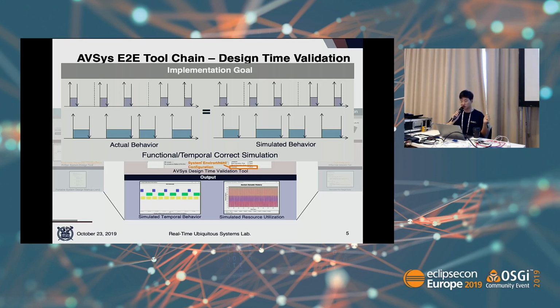This is called functional and temporal correct simulation. Functional correctness means the module executes and produces the right result. And temporal correctness means the release, execution, and final execution time are the same as the actual behavior. So we want to test this temporal behavior.